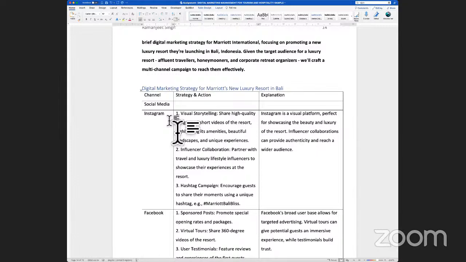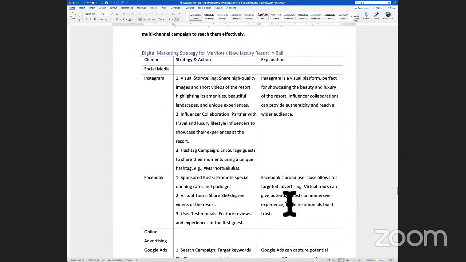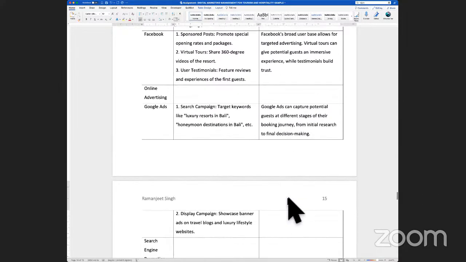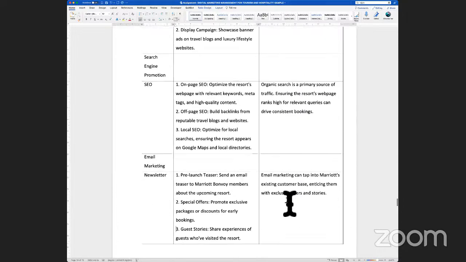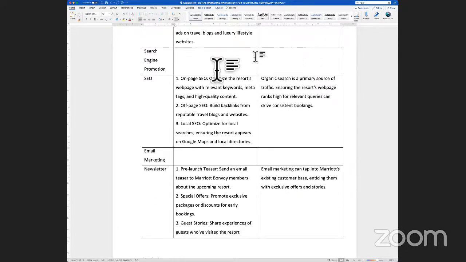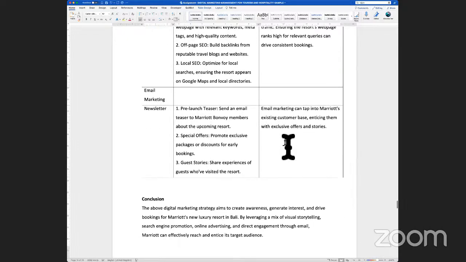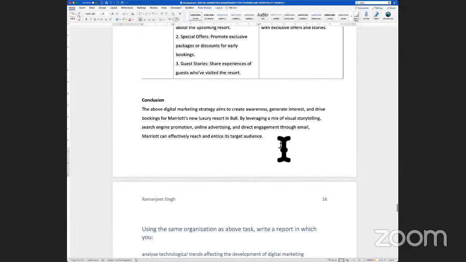So here you would have to use a bit of your creative side to think of how a company would use some of these social media platforms, online advertising, and search engine optimization to create a plan. And that is what I would suggest you provide for this task.